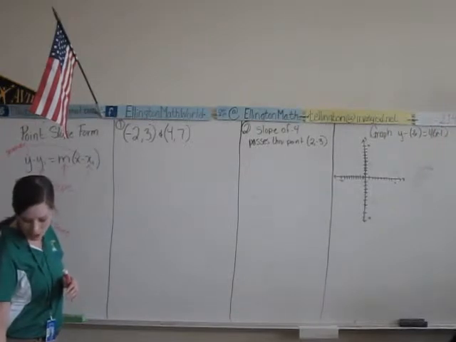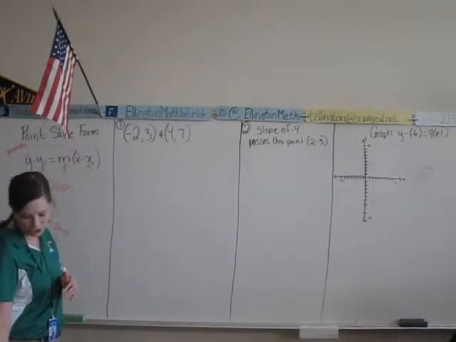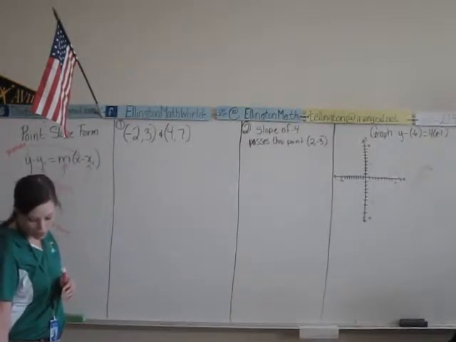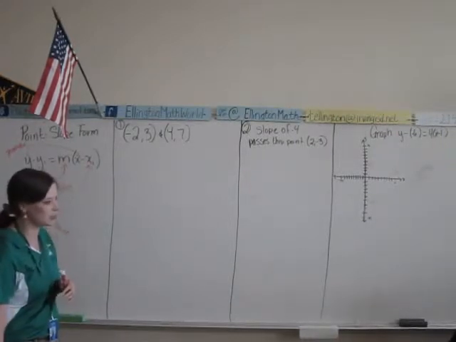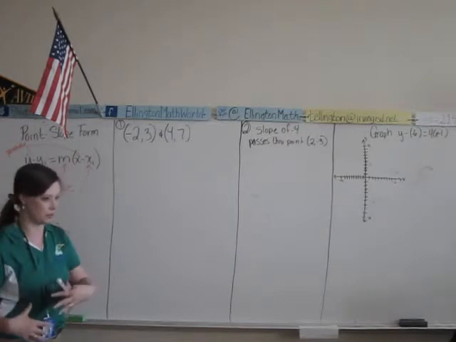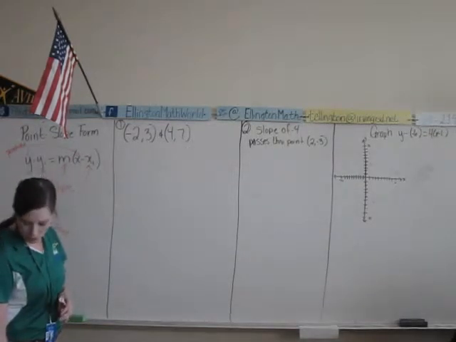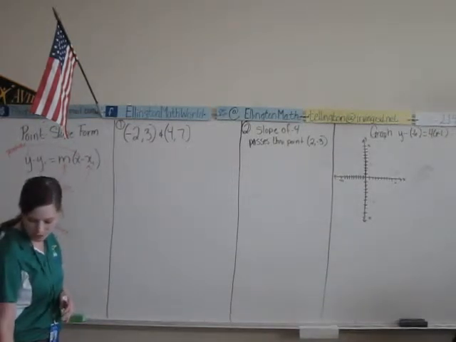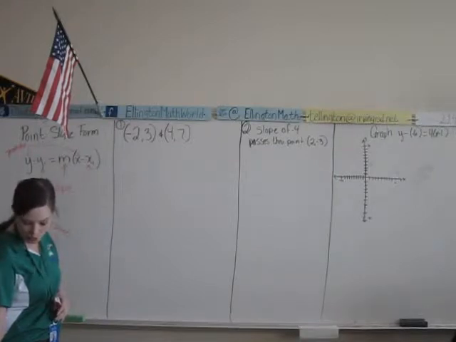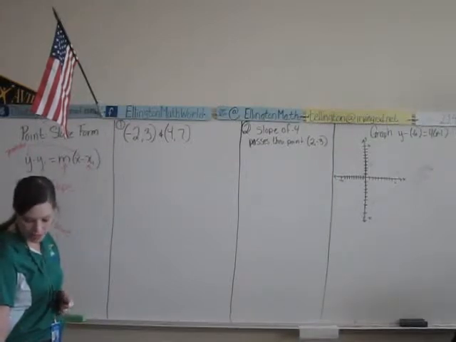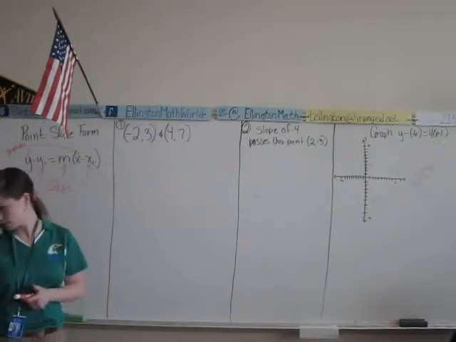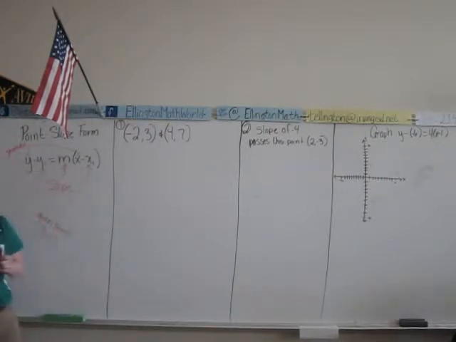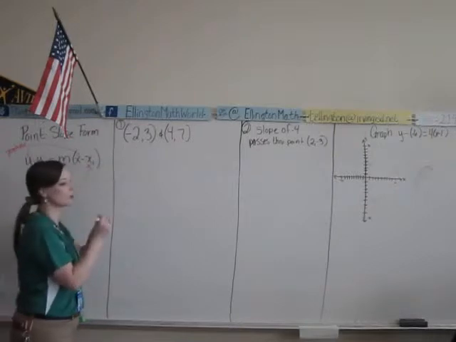Right now it says number 1, write the equation given a slope and a point, but the stuff above it is write the equation given 2 points. That's because when we fold it, it all goes together. Does that make sense? So we're looking at number 1, go above it. And the example says, write the equation of the line that passes through the points -2, 3, and 4, 7. Do we all know where we're at?